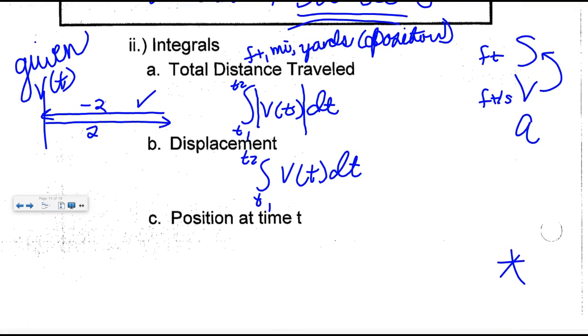Notice for both of these, it doesn't matter where I start, and some of you are having a little bit of issues like that. So if it says x of, say, 0 equals 5, and they ask you, maybe this goes then from 0 to 7, if they ask you what your total distance traveled is in the first 7 hours, that 5 doesn't matter. That's where I already am before I start.